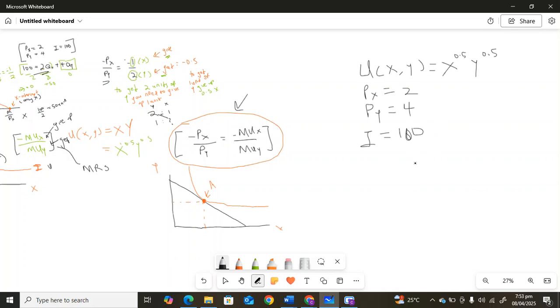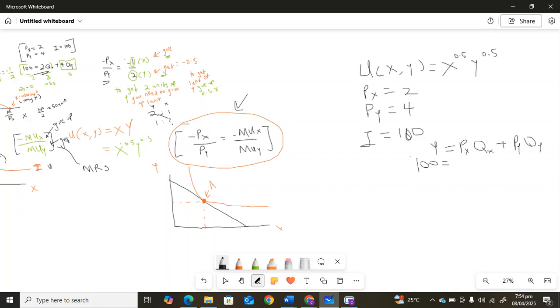We already made it. Let me put the format so that everyone sees where everything comes from. Here's the format of the budget constraint: Y equals px times qx plus py times qy.